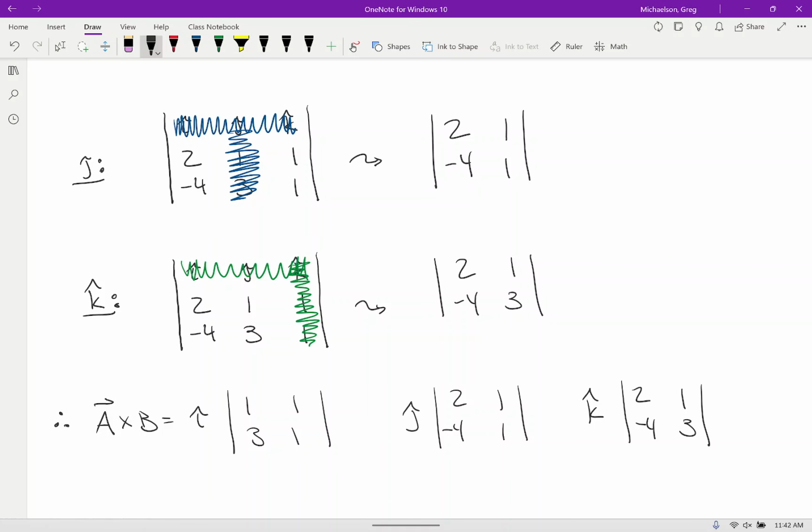And then in terms of the signs, the positives and negatives, what you basically do is positive, negative, positive.